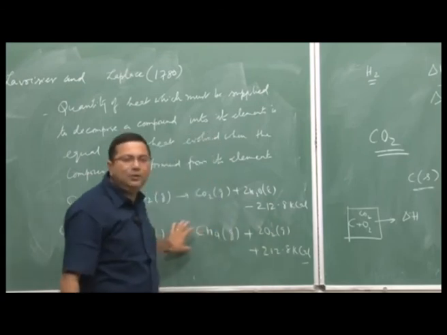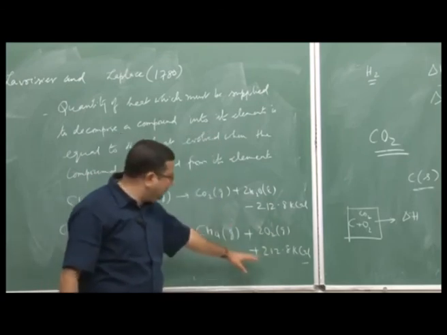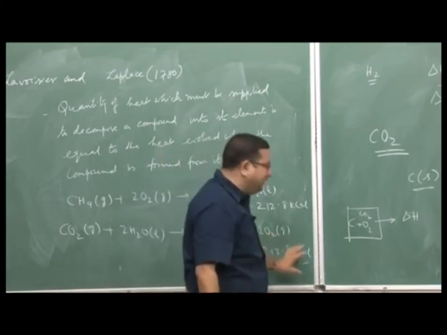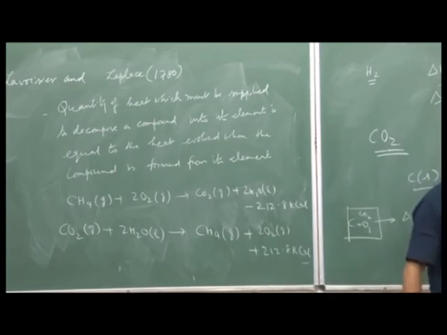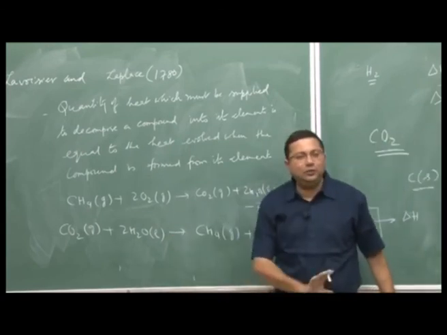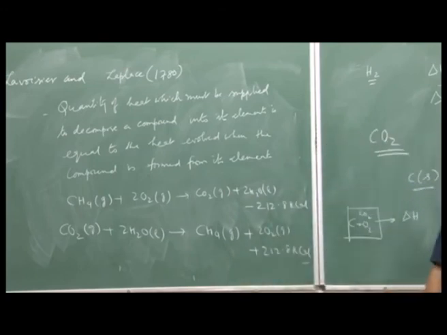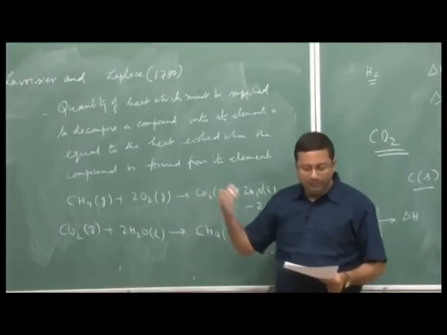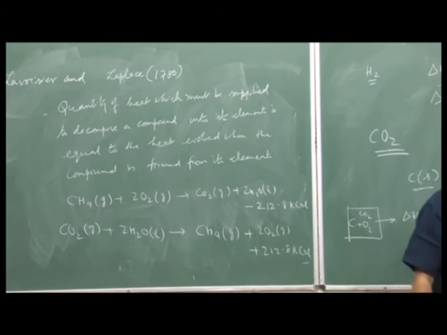But that requires energy. So, if we can provide the amount of energy and conduct the reaction properly, theoretically we should be able to get fuel out of carbon dioxide and water vapor, but unfortunately we have still not been able to do that. Both these reactions will occur at the same temperature, standard temperature.